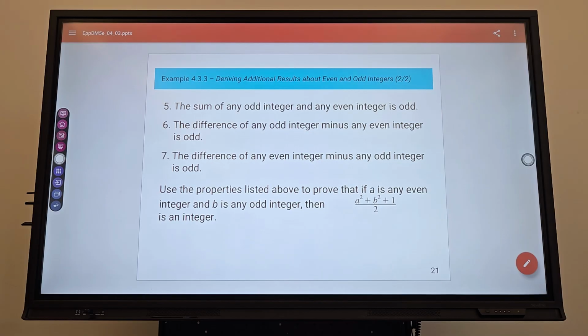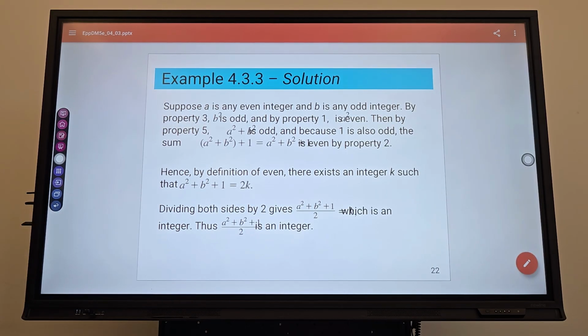Use these properties to prove that if a is any even integer and b is any odd integer, then a squared plus b squared plus 1 over 2 is, in fact, an integer. Well, suppose that a is any even integer and b is any odd integer. By property 3, b is odd, so b squared is odd.